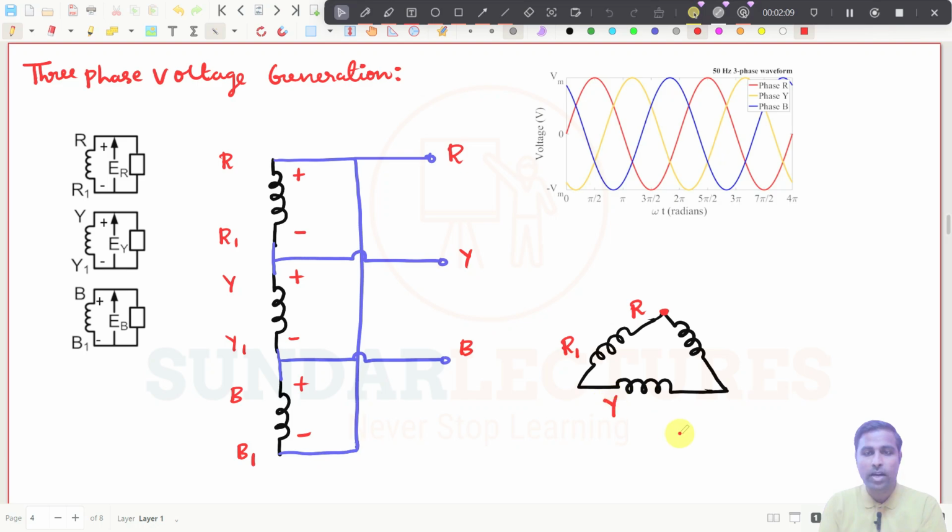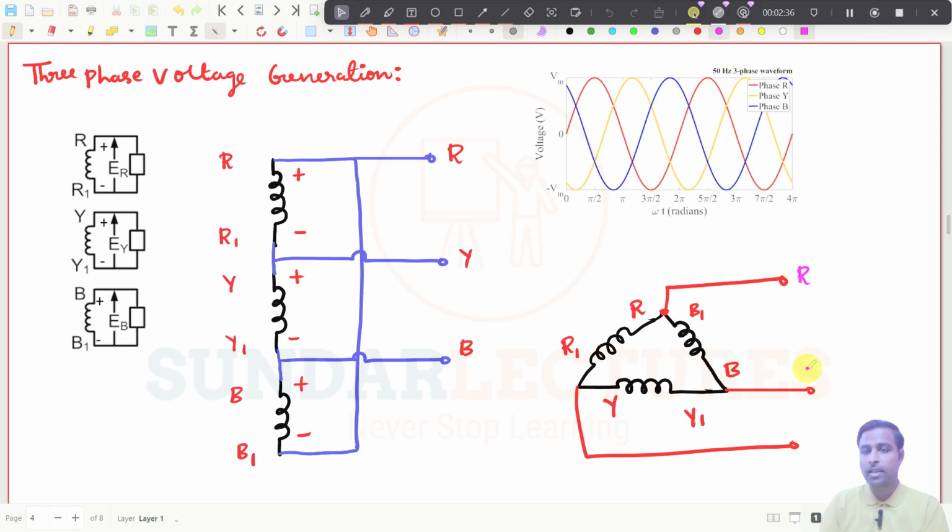This is Y, and this can be connected as Y1, and then this Y1 is connected to B. So this will be B, and this will be B1, so that this B1 will be connected to R here. So this will be now R phase, this will be B phase, and this will be Y phase.